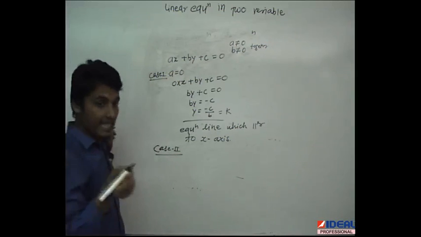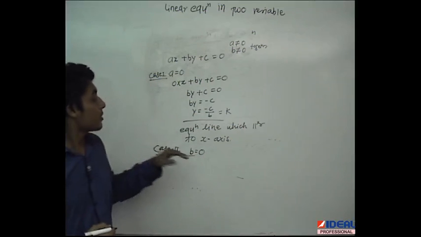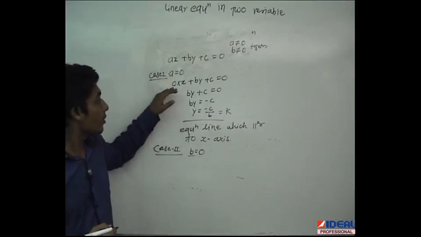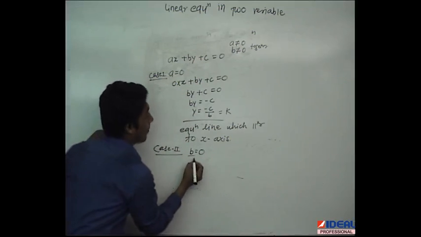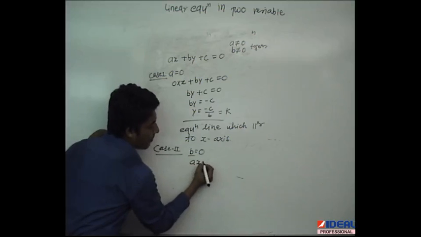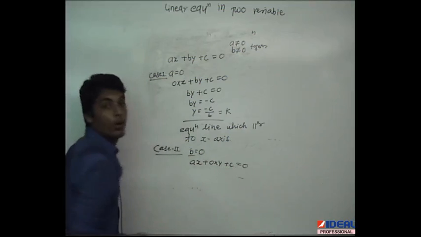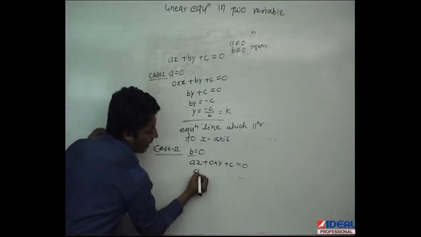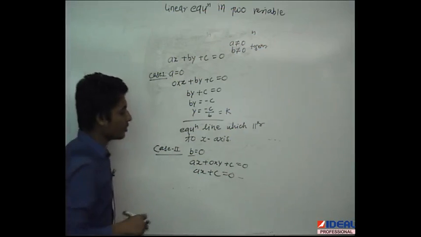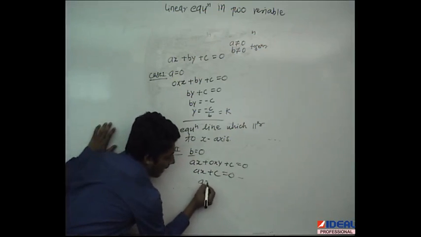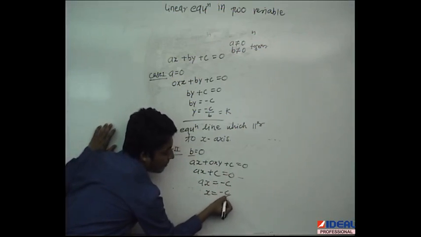Case 2. Suppose b is equal to 0. Substitute b is equal to 0 in the general equation of a line. So ax plus 0 into y plus c is equal to 0, so ax plus c is equal to 0. So ax is equal to minus c, x is equal to minus c by a.